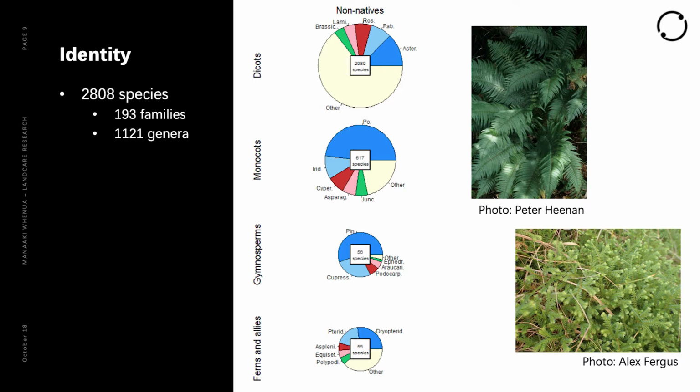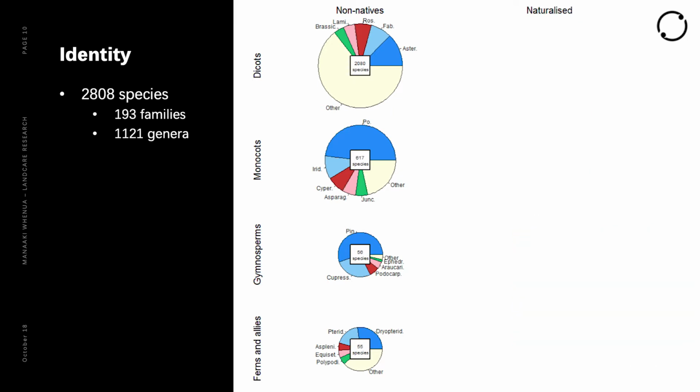Some examples, such as in that most speciose family, Dryopteridaceae, it's the male fern, but this also includes allies like the club mosses. This is Selaginella kraussiana. So that's the non-native flora as a whole, as of 2017 to 2018.